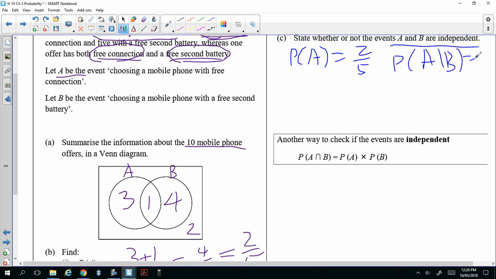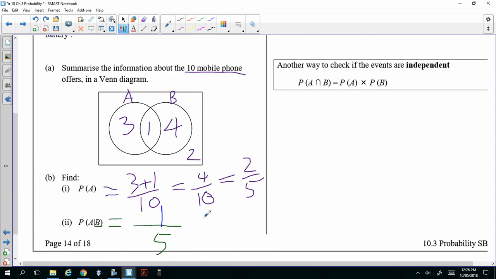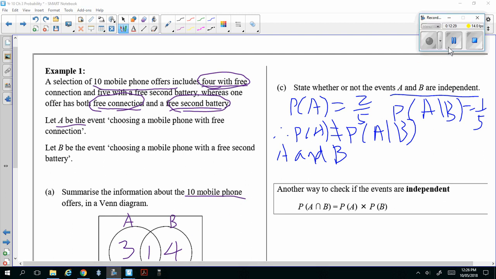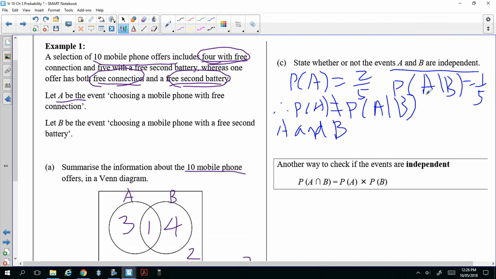If they are not the same, therefore P(A) is not equal to P(A given B). So we say A and B are not independent.